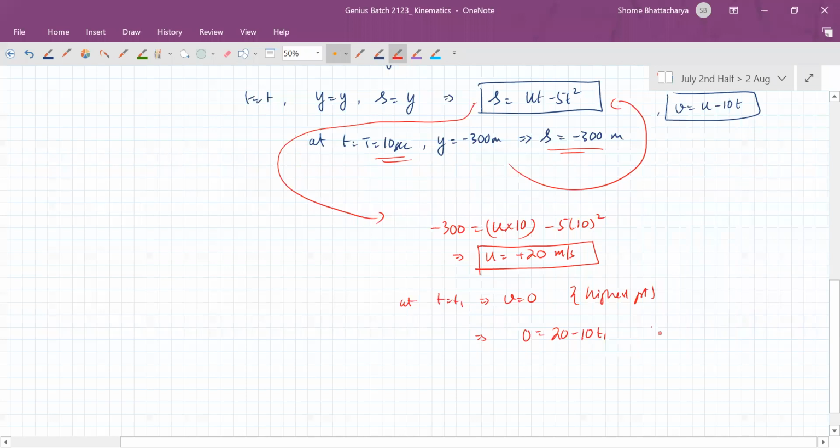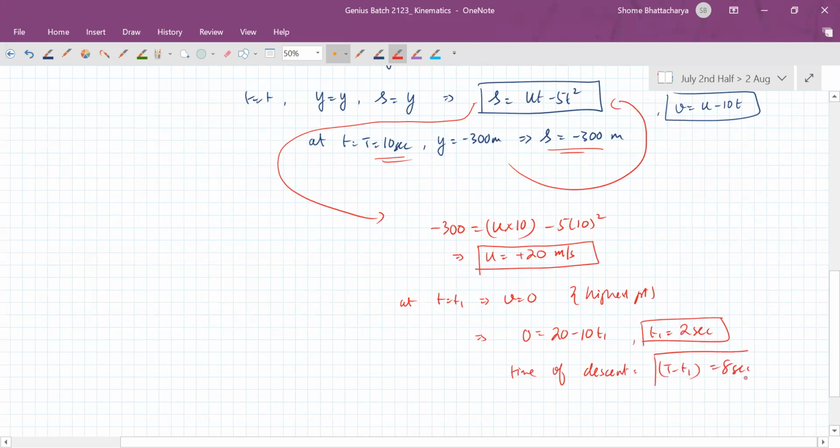So this t1 will become 2 seconds. Okay. And therefore time of descent becomes t minus t1 or 8 seconds.